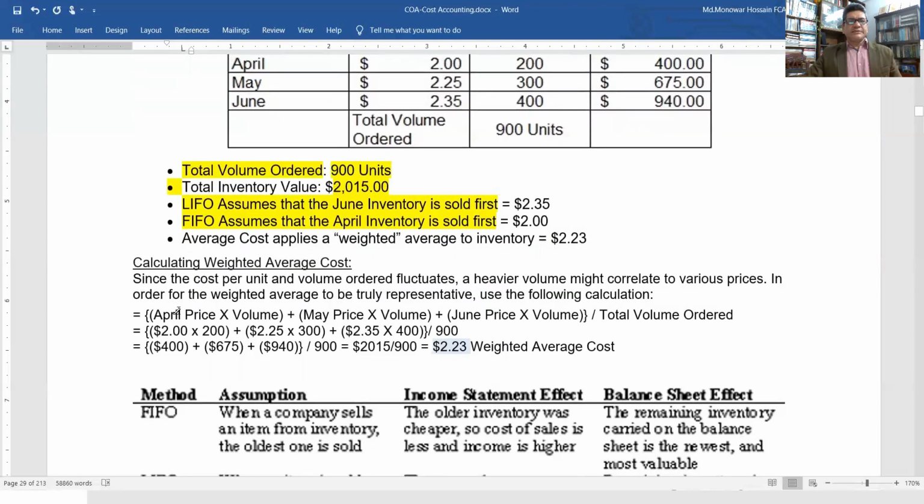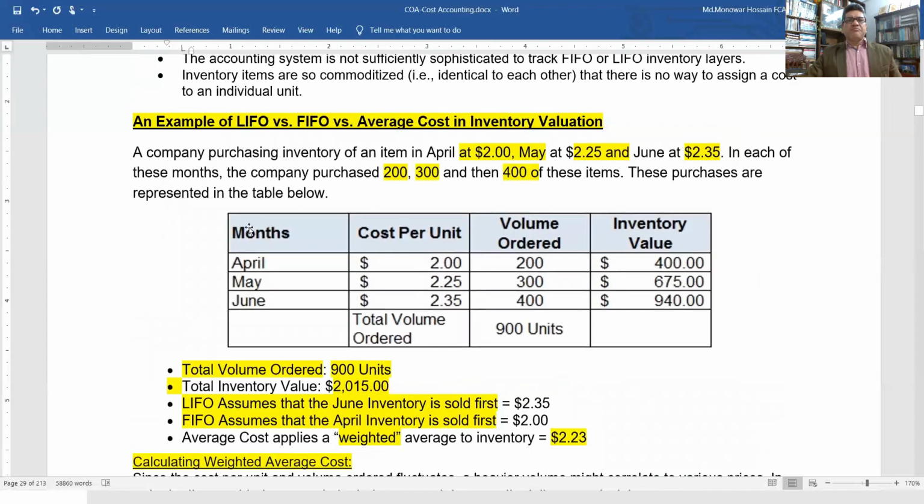But for weighted, calculate the weighted average cost here: price multiplied by volume for each month, all added, divided by 900 units. So we get the weighted average cost of about 2.24. So these are the basic three: LIFO, FIFO, and weighted.